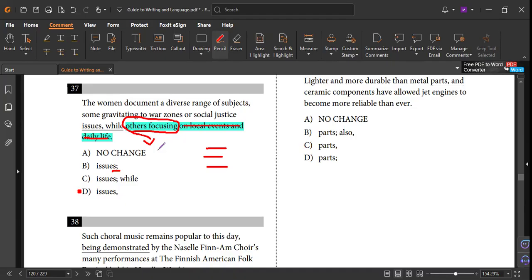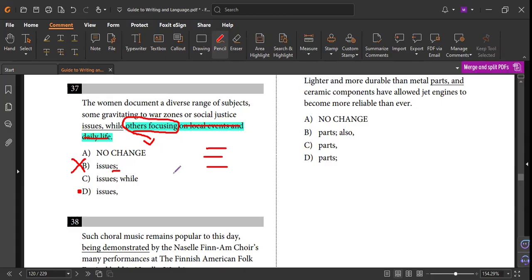Focusing on the verb: if there is a verb, there is no subject. If it's a subject, there is no verb. So by all means, this part is a fragment. After the semicolon must be a sentence, not a fragment. So B is wrong. That's it.